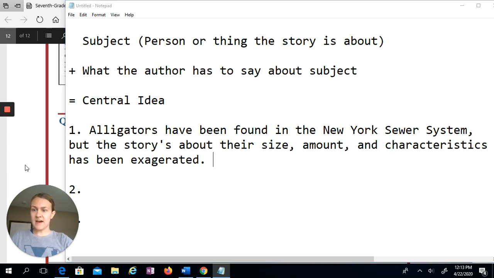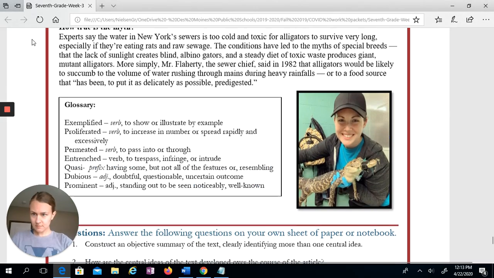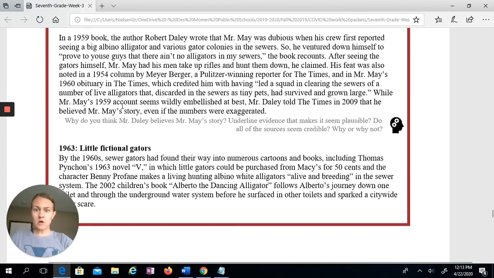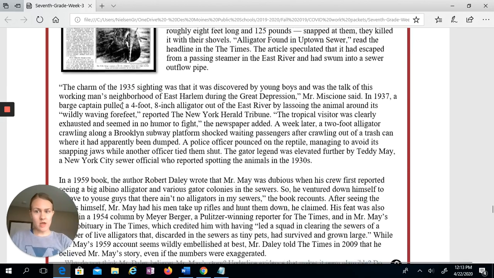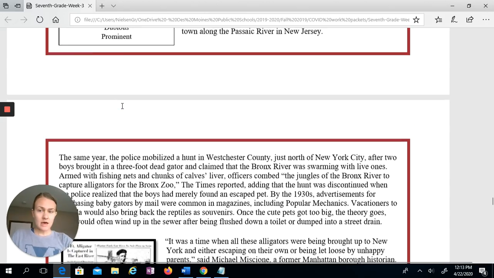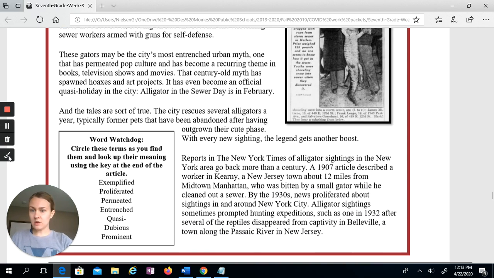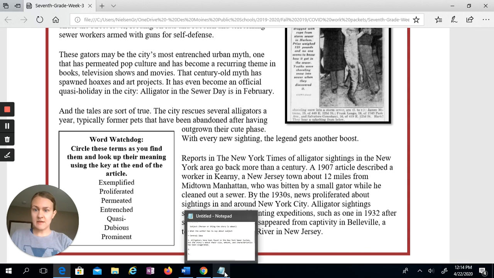So we're going to go back to the text and find 4, and you don't have to do 4. I'm okay if you do 2 to 3. We need to find some quotes or some text to support our central idea, okay?